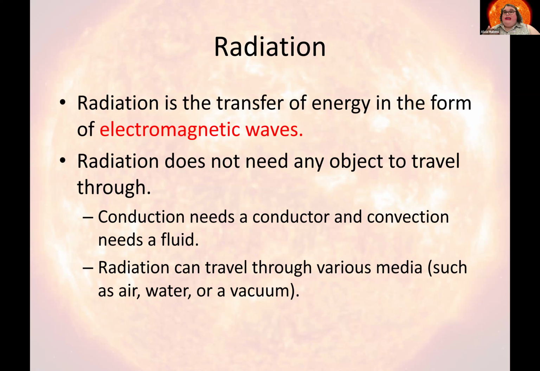The reason you get a signal is that the electromagnetic radiation carrying that signal can still penetrate and pass through the walls to your receiver. It's the same way that cell phone signals work. So radiation can travel through all kinds of things, and radiation can also travel through empty space, what we call a vacuum. So radiation can travel through a bunch of stuff, or it can travel through nothing.